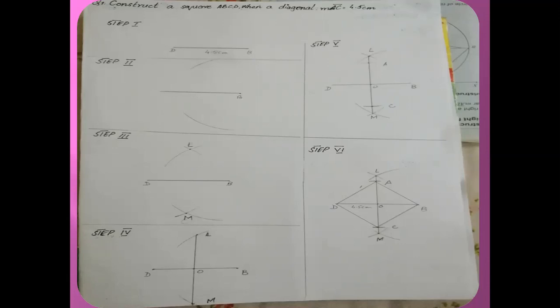Where the 2 lines intersect, that point is O. Take the radius OB. Put your compass on point O and cut the line LM upward and also downward. Again we got 2 points, A and C. Now at the end, the last step, we join the points C with B, A with B, A with D, and D with C. Then this is the required square.